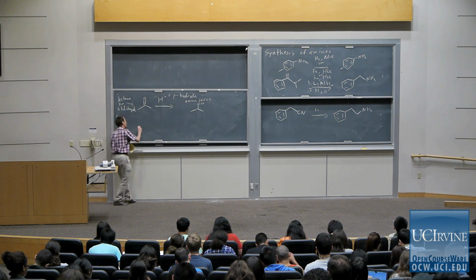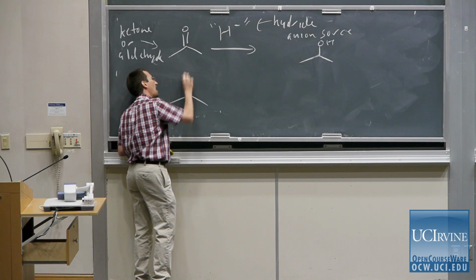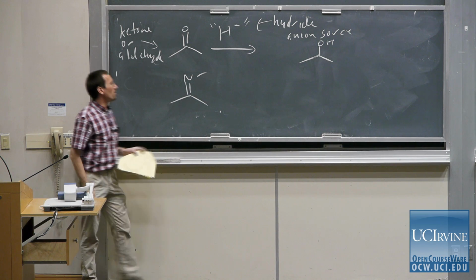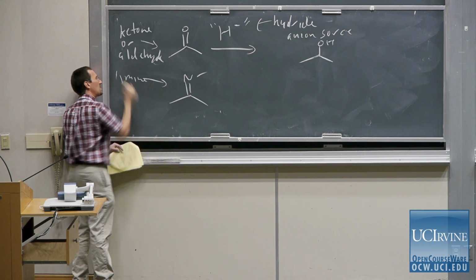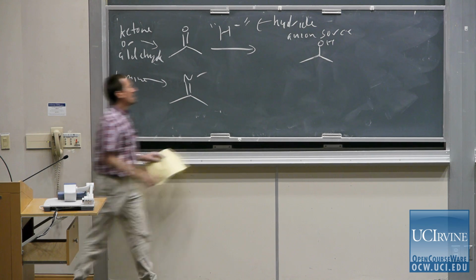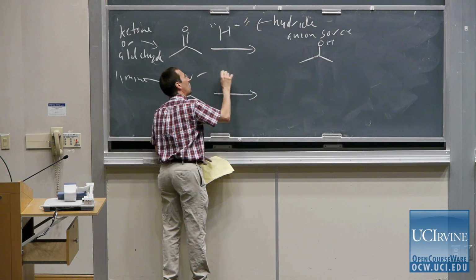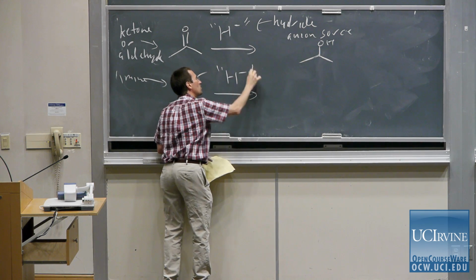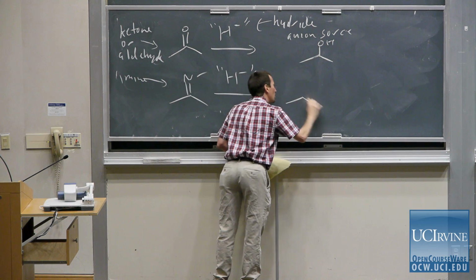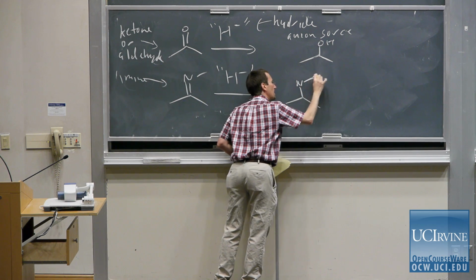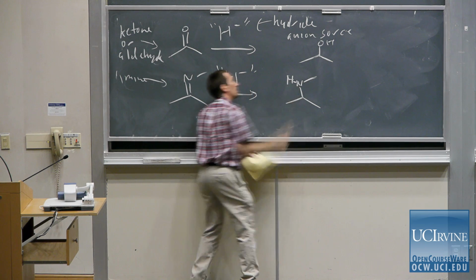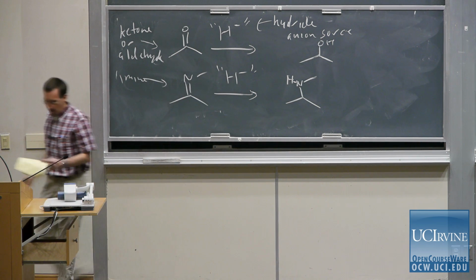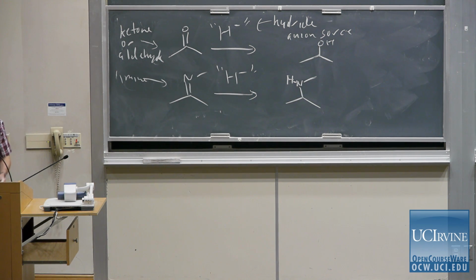Now, by a similar token, if we have a carbon-nitrogen double bond of an imine of a ketone or an aldehyde, and again, we have some type of hydride source, H- in quotes, you reduce your imine to an amine, like so, very much by analogy.